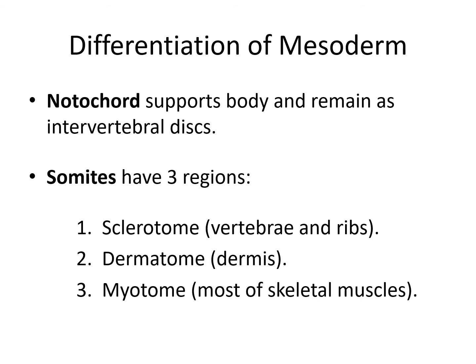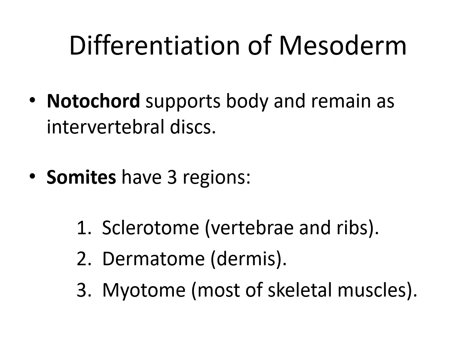In the mesoderm, we have what are called somites, that have three regions that will produce the sclerotome, which becomes the vertebrae and rib, the dermatome, which becomes the dermis, and the myotome, which becomes most of the skeletal muscles. So both the epidermis and dermis are formed by different germ layers.